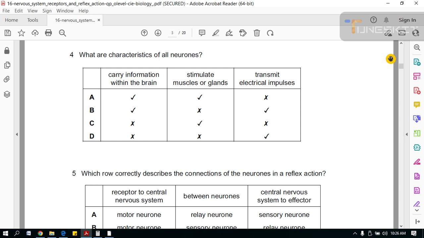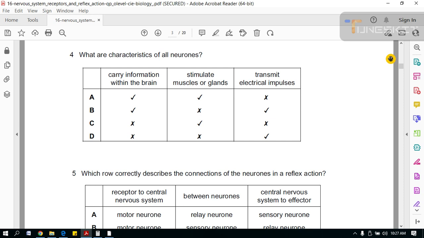Not all neurons carry information within the brain. Motor neurons may carry information from the brain to the muscles. Stimulate muscles or glands: not all neurons are involved in stimulating muscles and glands, because only the specific neuron, the motor neuron, is involved in that. Transmit electrical impulses: yes, all neurons transmit electrical impulses.